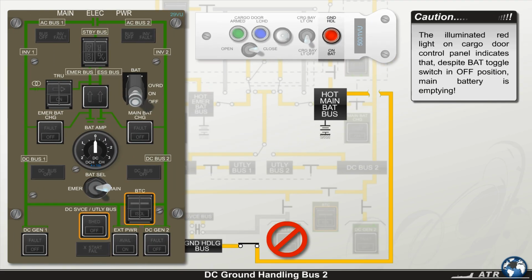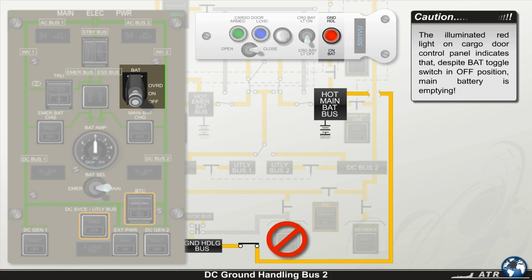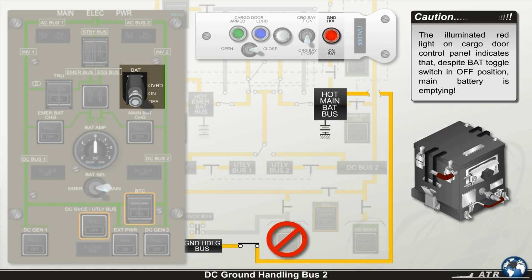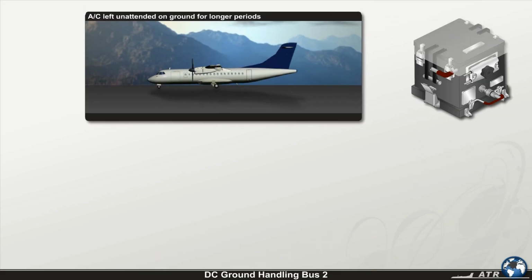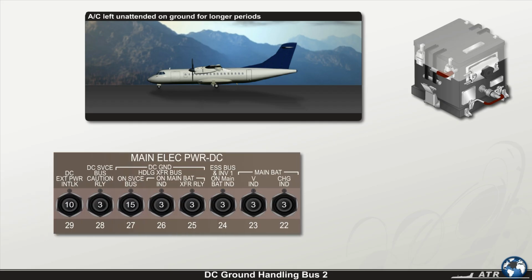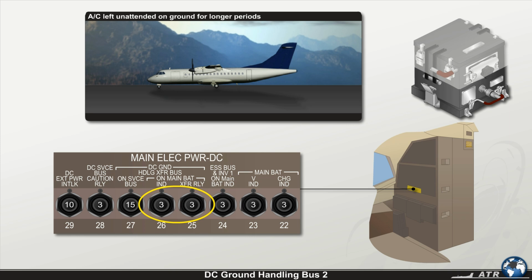Caution: the illuminated red light on the cargo door control panel indicates that, despite the battery toggle switch in off position, the main battery is emptying. The only way to avoid this situation when the aircraft is left unattended on the ground for long periods is to manually pull the associated ground handling bus circuit breakers located behind the co-pilot's seat.